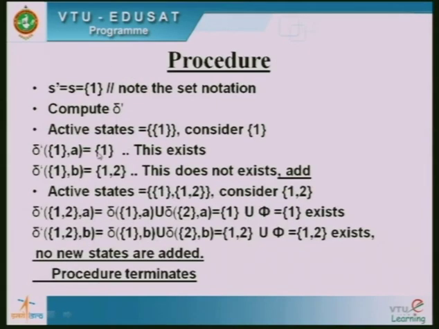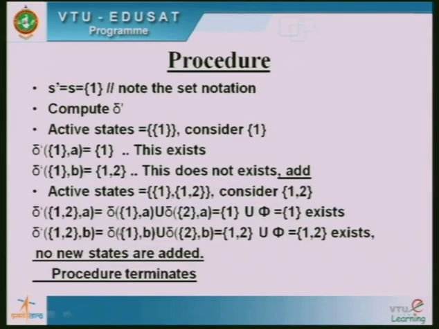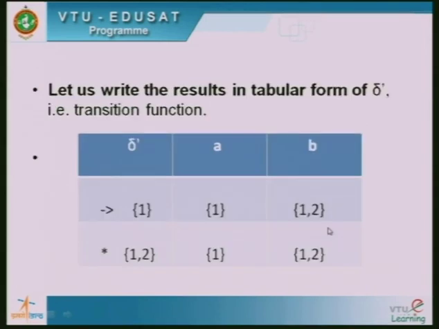Similarly, next is 1 2 on A and B. If you look at it, it will go to 1 and 1 2. Okay, 1 and 1 2. Now, once you get the transition function, that means the number of states is already specified and the transition function is defined.